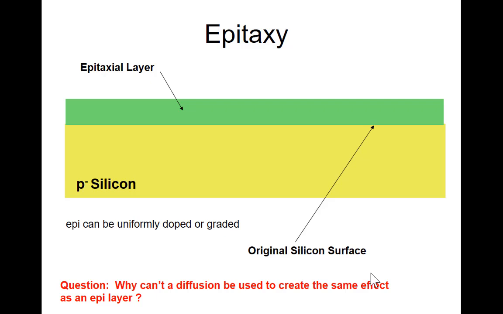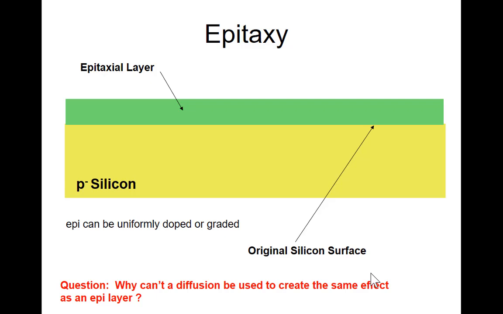Diffusion also only gives you a very thin layer. With epitaxy, you can keep depositing, and you can have this thickness be quite thick. Some people let it grow to 10 microns, 20 microns, whereas with diffusion, you can only diffuse just a little bit.